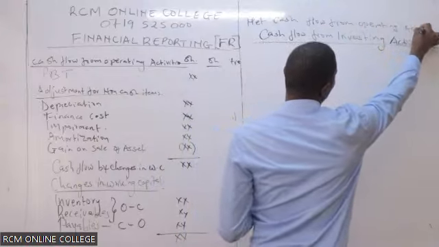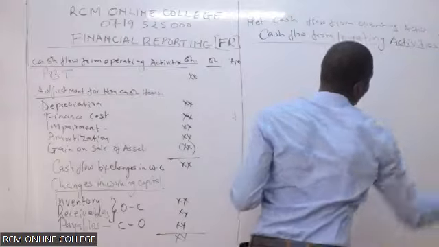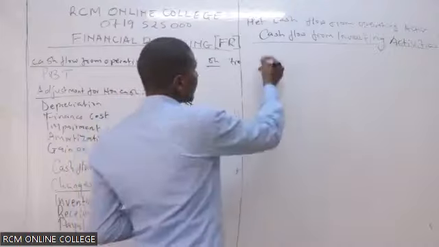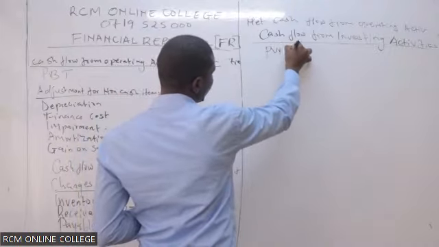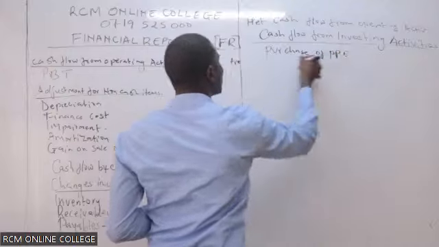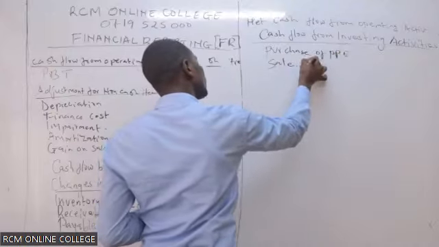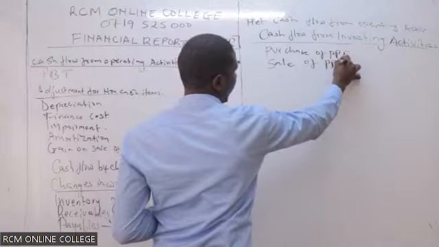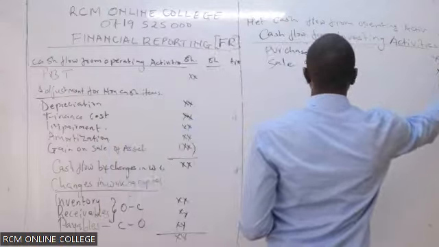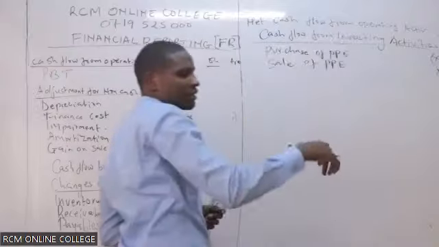Hiyo ndio inakuwaga ya mwisho, unaweka kwa column ya pili, net cash flow from operating activity. Then under this you can have maybe purchase of PPE, sale of PPE or asset, and so on. Unaziweka purchase, of course purchase ina reduce pesa, sale ina increase pesa.